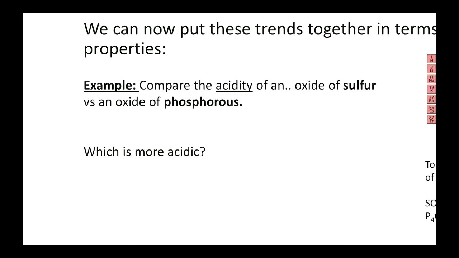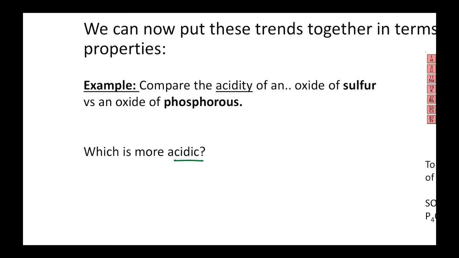Compare the acidity of an oxide of sulfur and an oxide of phosphorus. Which is more acidic? So I'm not straight asking you, okay, what's more metallic, what's more non-metallic? We need to kind of infer from this, okay? So if it's asking what's more acidic, what trait are we looking at? Metallic character or non-metallic character? Non-metallic, yes.